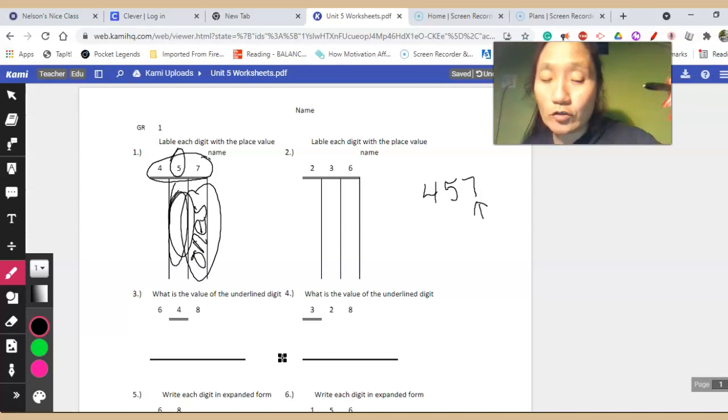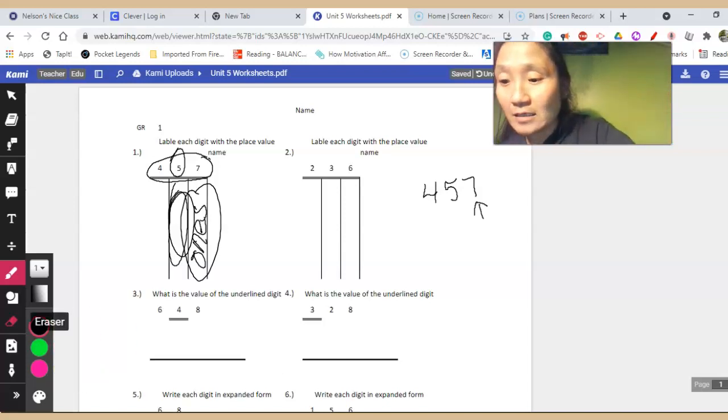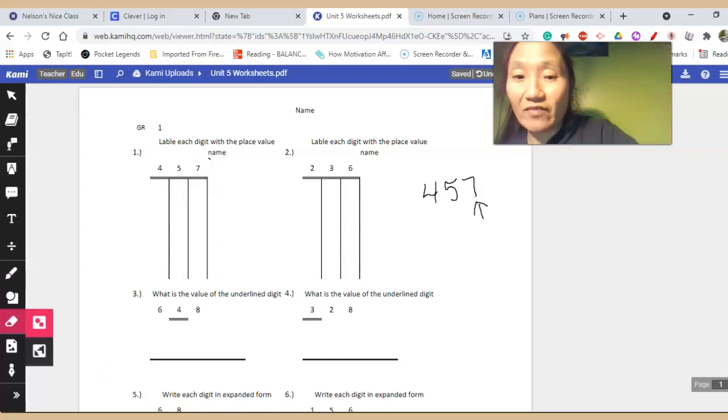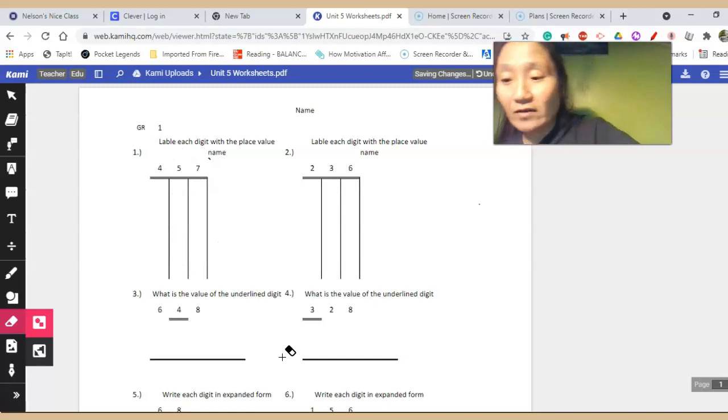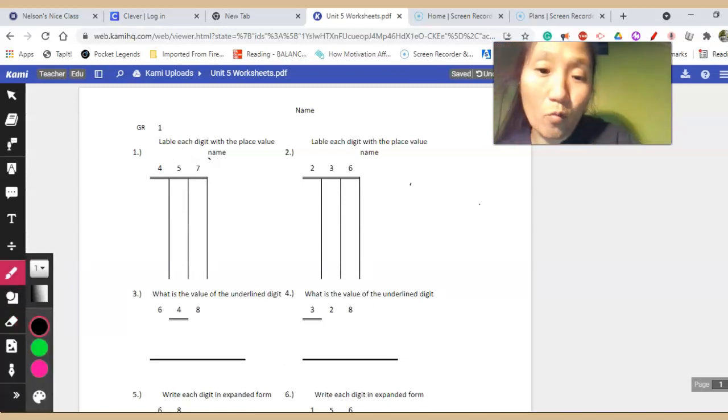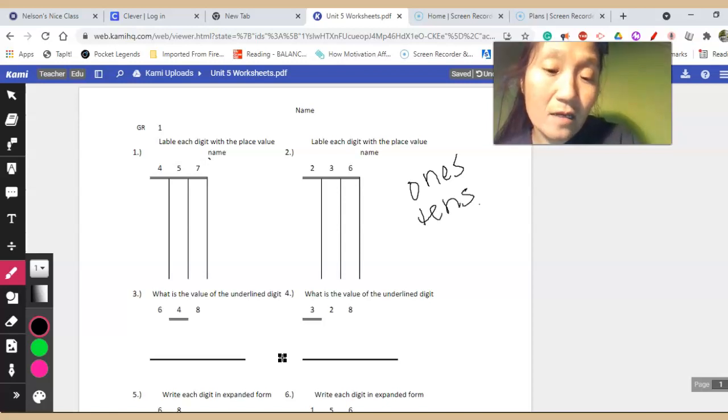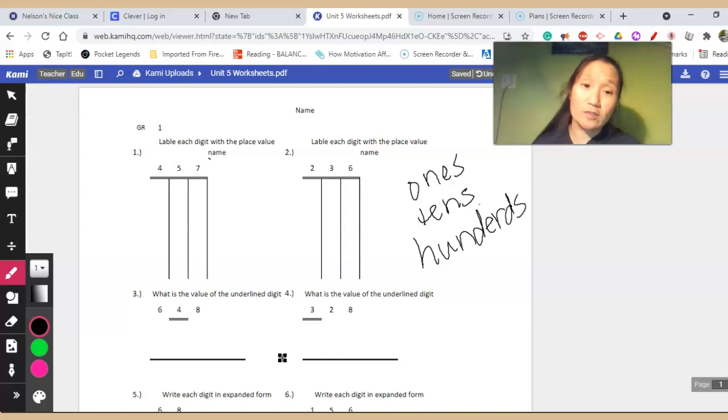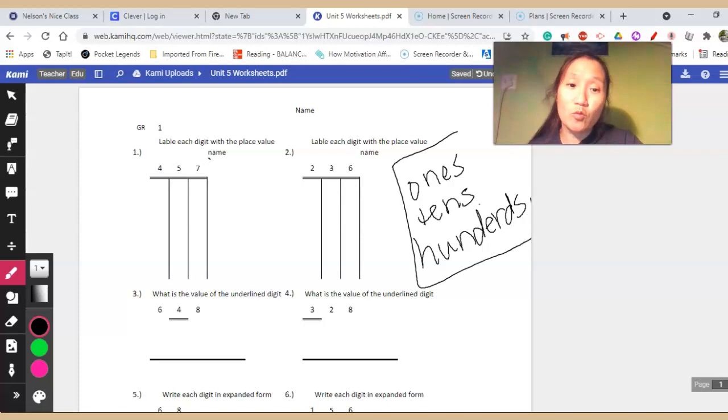Write it out in words, because you already know that we have the place values for the ones, the tens, the hundreds, and we also have the thousands. You only have to worry about these ones.